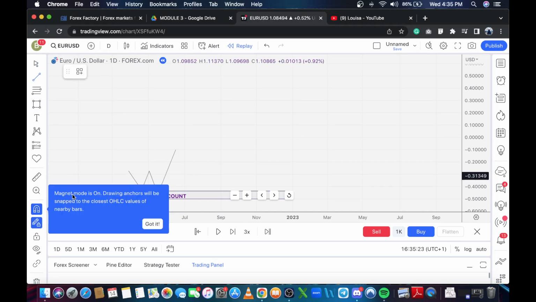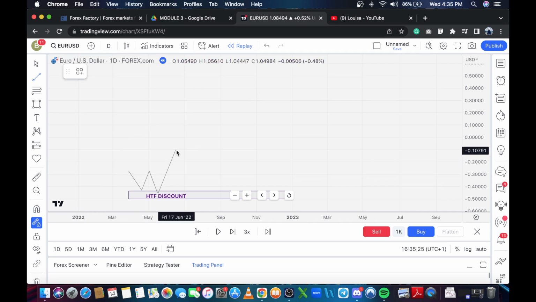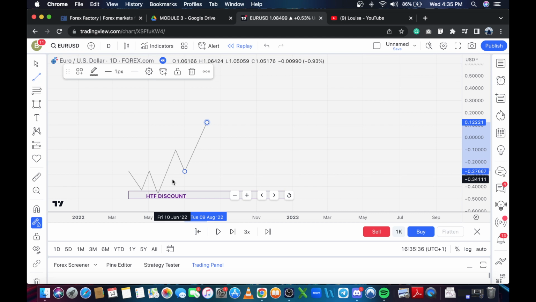And then you have your second swing leg, and usually this will be a measured move of move one, which is going to be your 200 Fibonacci extension level or one standard deviation of this range.